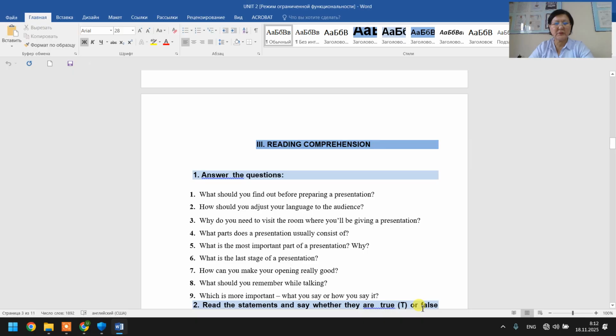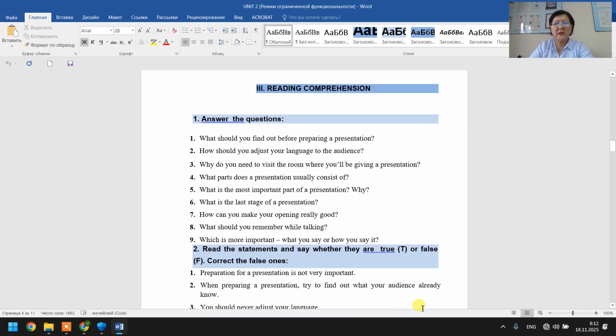Here there are 9 questions given to the text, and let's start answering the questions. We shouldn't strictly just answer the questions, we have to also add any information.